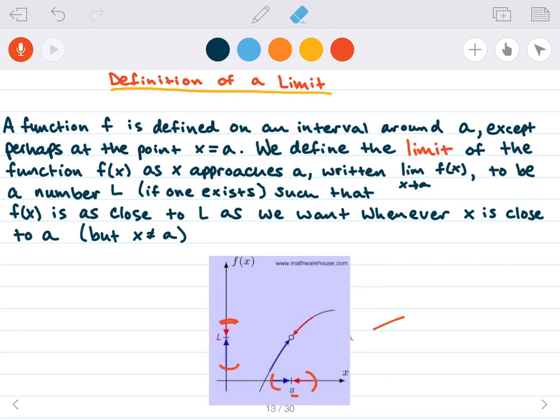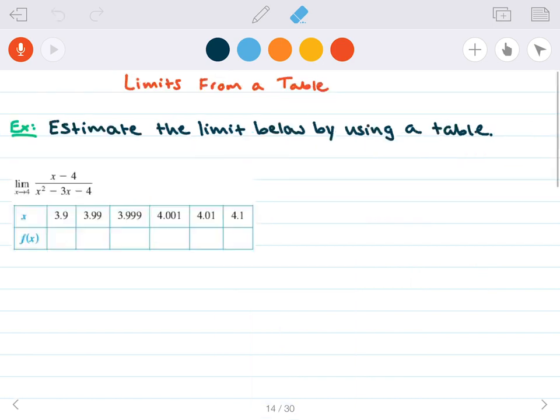Okay, so that's the precise definition. Well, it's actually not the most precise definition. There's a crazy definition involving delta and epsilon, but we're not going to talk about that in this class. If you take advanced calculus, if you're a math major, you're going to see this for sure, but in this class, I don't think we're going to get that deep into it.